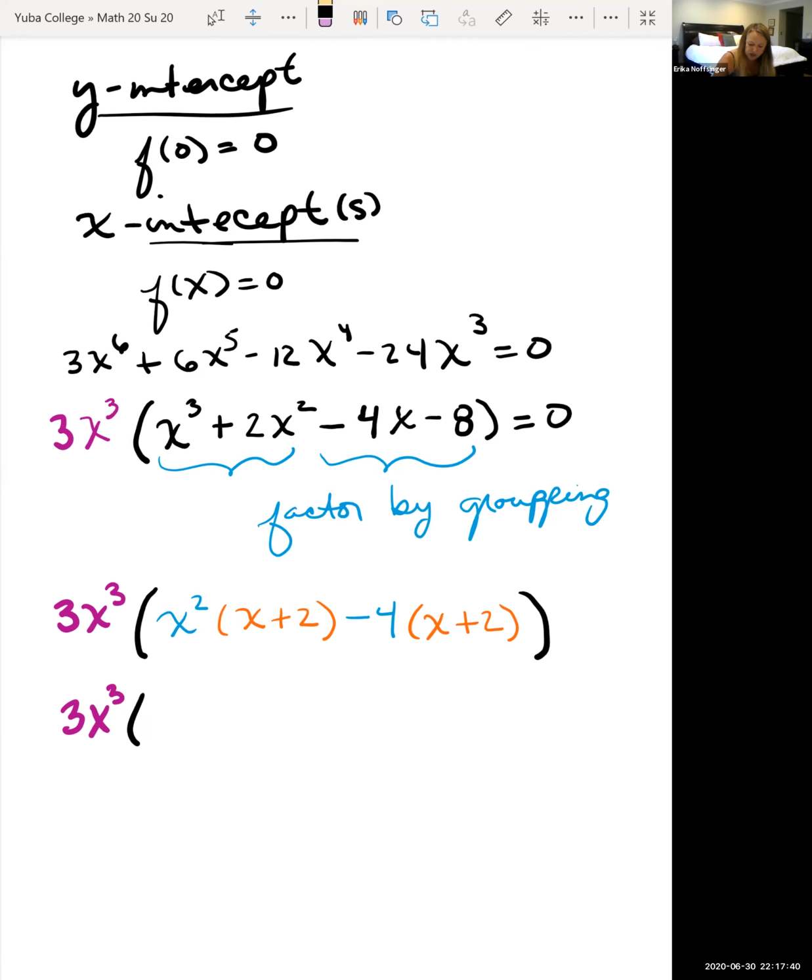This x plus 2 is what they both have in common, so we're going to pull out that whole parentheses, x plus 2, from both groupings. From the first grouping, you're left with just an x squared. And from the second grouping, we're left with a -4.